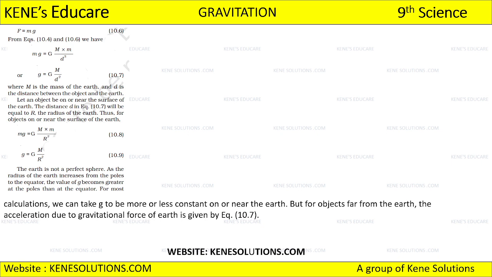From both equations, we get mg is equal to capital G, capital M, small m upon d square.